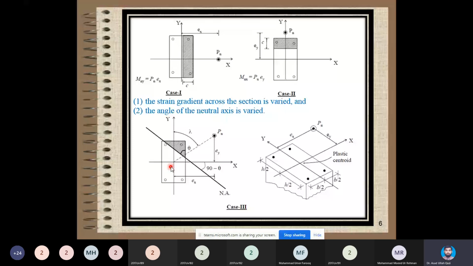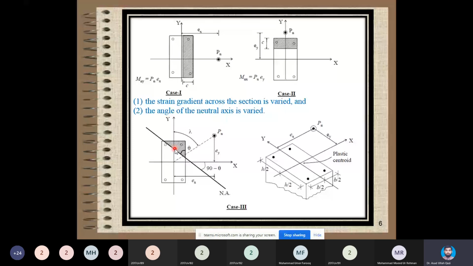But it is important to note the neutral axis orientation, which we will define as the clockwise angle of the neutral axis with reference to the vertical axis, which is the y-axis. Although theta is shown over here, the same theta will exist when I take this clockwise angle from the neutral axis drawn with a solid line to the vertical axis. So this theta will decide the orientation of the neutral axis.